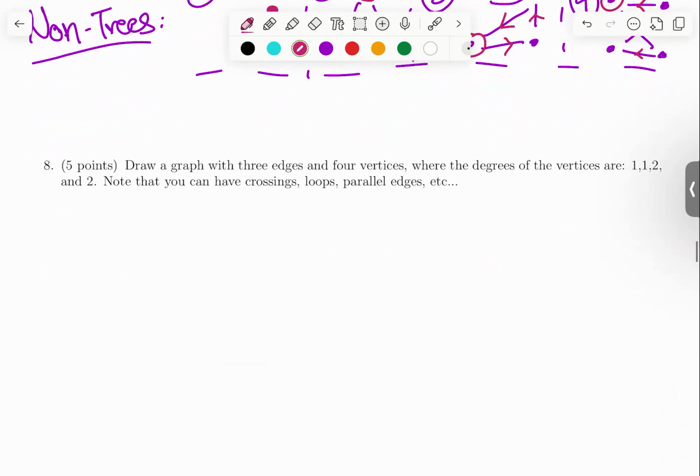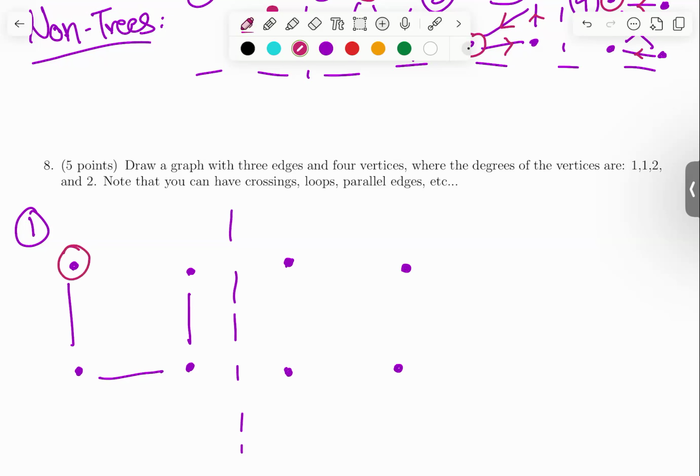Draw a graph with 3 edges and 4 vertices where the degrees of the vertices are 1, 1, 2, and 2. There are at least 3 ways to do this, so I'm going to draw 3 ways. So you can go like this. That has 4 vertices, 3 edges, and this vertex has degree 1.